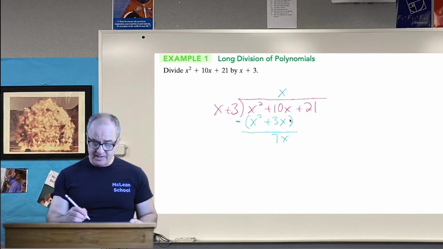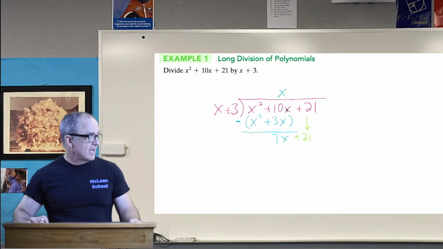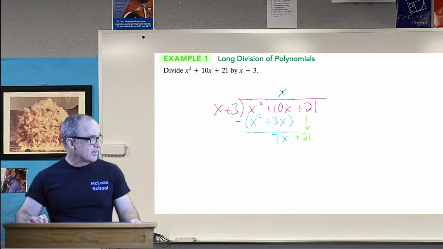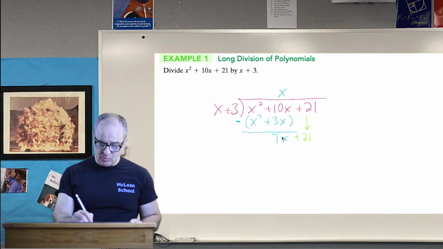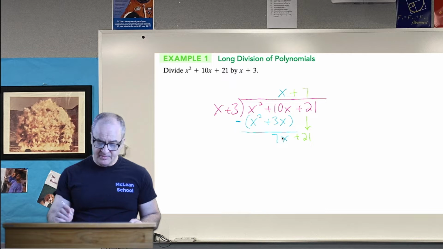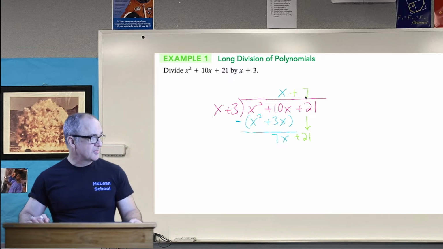Then we bring down the plus 21 for our next step. And we ask ourselves the same sort of question, but now we're asking ourselves, what would you multiply x by in order to get 7x? X times what gets you 7x, and that's what we write up here on top, again aligning the place value.